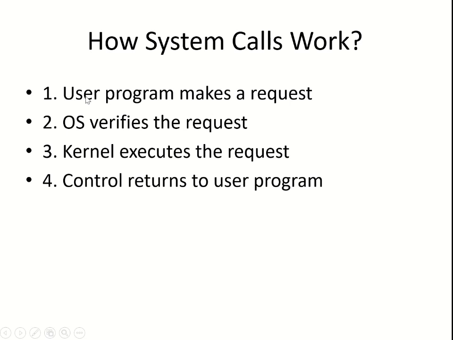The steps are: step 1, the user program makes a request, and then the OS verifies the request. In the third step, the kernel executes the request, and in the last step, control returns to the user program. This is how a system call works in an operating system.